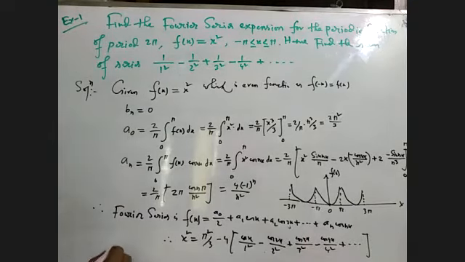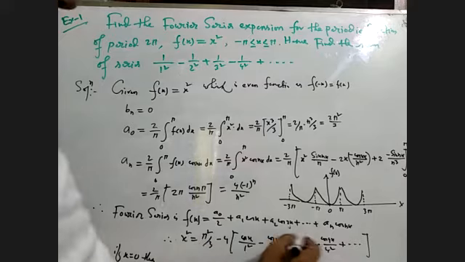Now, if x equals 0 in this series, then cos 0 equals 1.